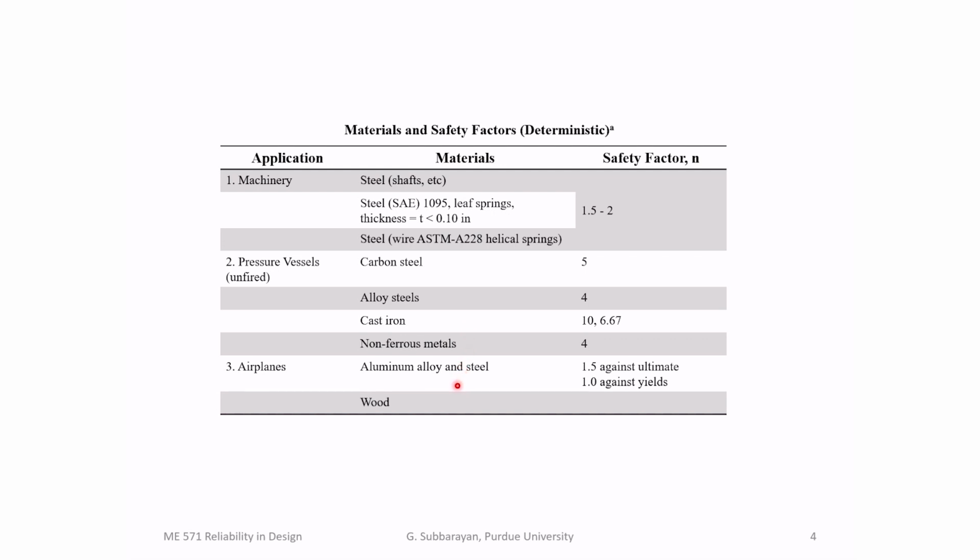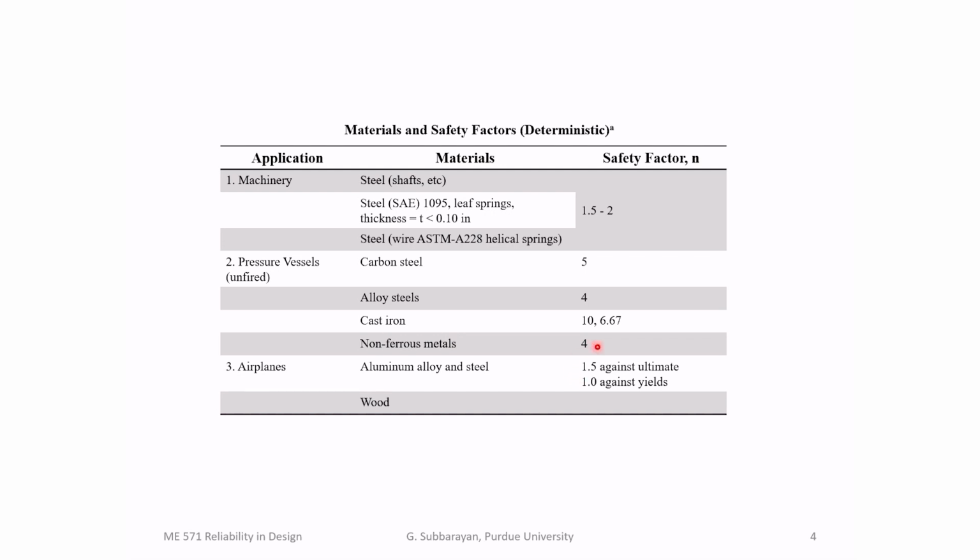Airplanes. The safety factor typically is around 1.5 against ultimate, 1 against yield. And the reason why we would want to go with lower safety factor is because a conservative design would be a very heavy aircraft that's not suitable, and therefore we need to reduce the factor of safety, and the only way you can do that is by extensive testing.